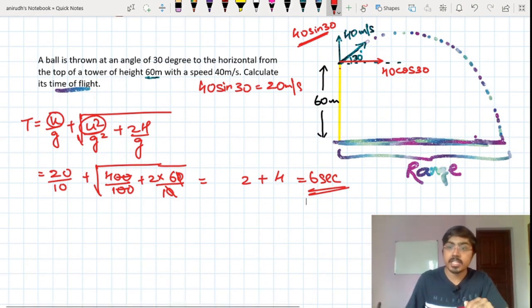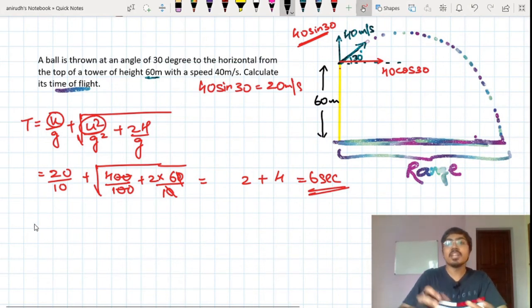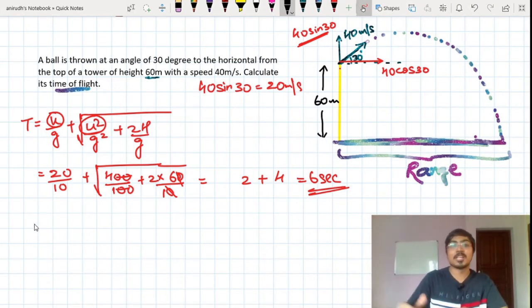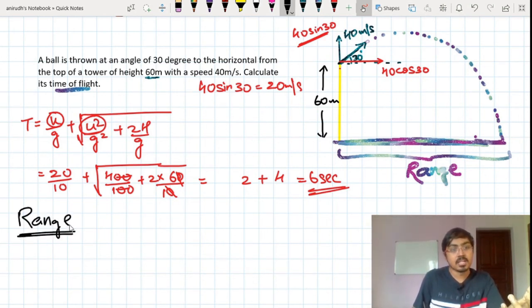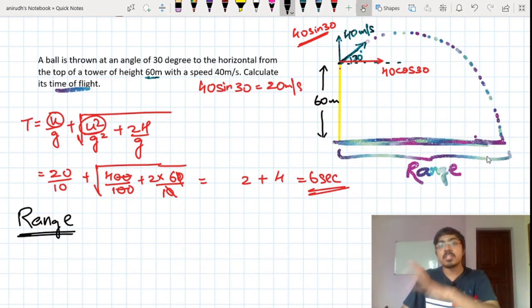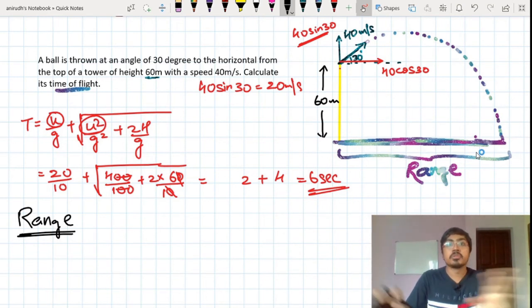Now if I tell you, find the range of the projectile, if that is the question that they are asking here, so we are actually now in the domain of projectile motion, isn't it? We have started with one-dimensional motion, we have eventually landed up in two-dimensional motion. Range means it is the horizontal distance covered by the projectile in its motion from the initial position to the final position.